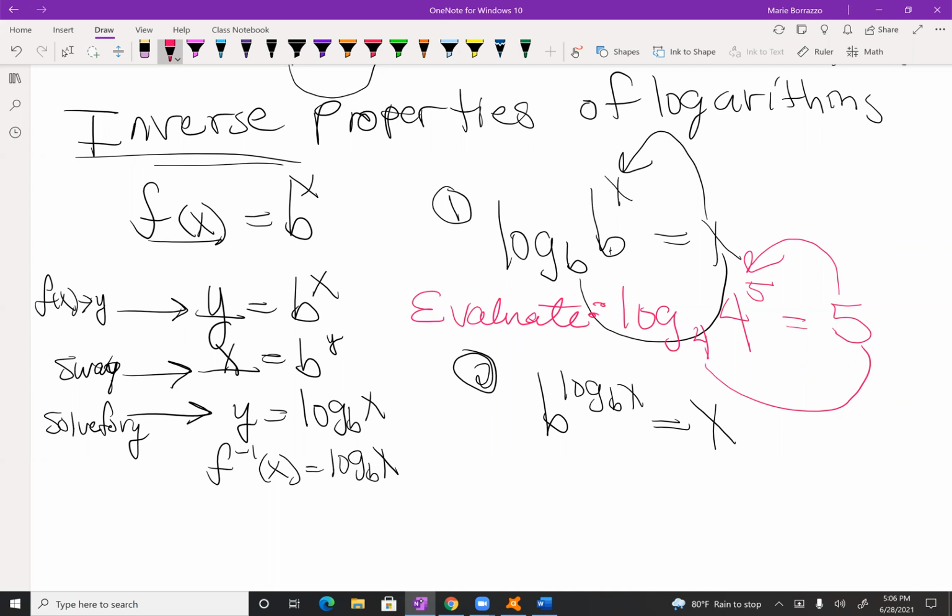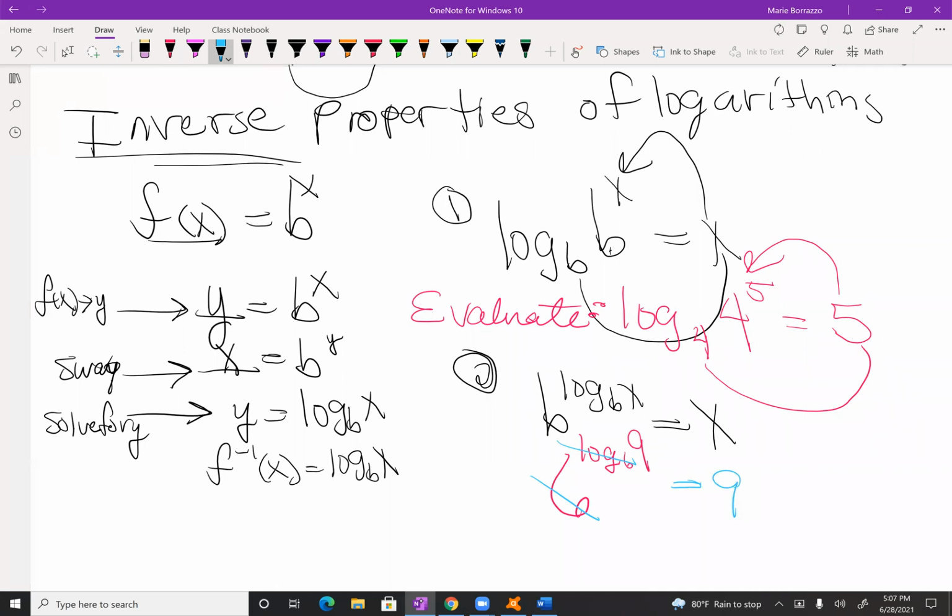The other example they give you is this one, where they have us look at 6 raised to the log base 6 of 9. The reason why the answer is going to be 9 is because log 6 and 6 cancel, and it gives you 9 as a final answer.